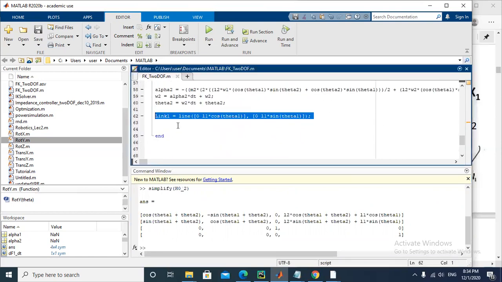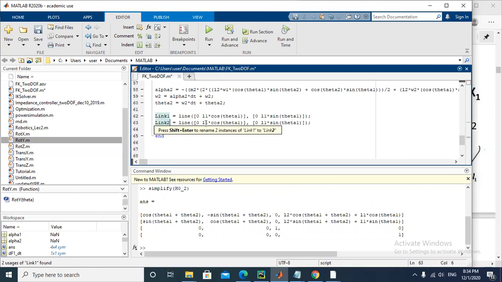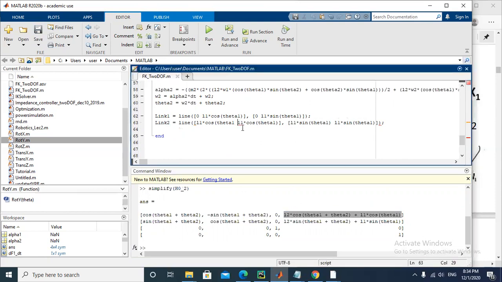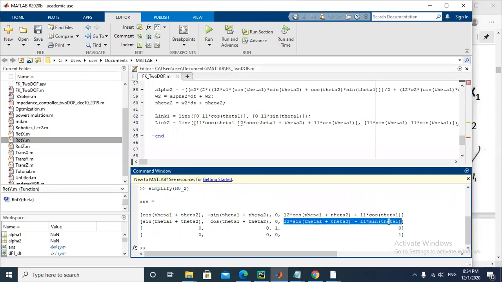Let's actually plot link 2. It's going to be what? So the first point of this one is going to be here, right? So this is the first point. And the second point of this guy is going to be this guy, right? This is its x component. And then this is the y component.